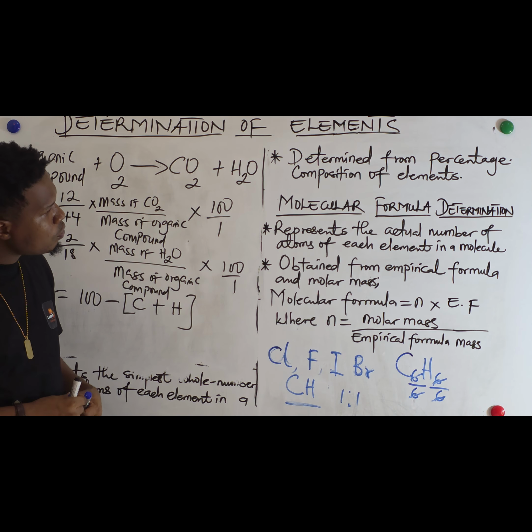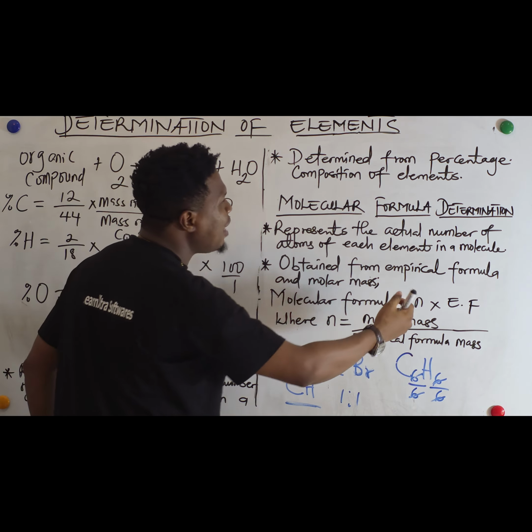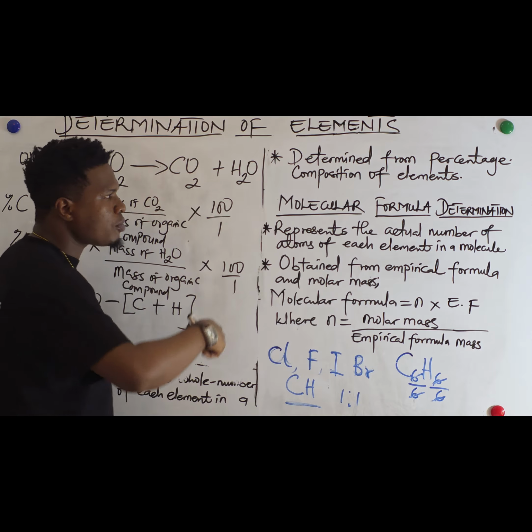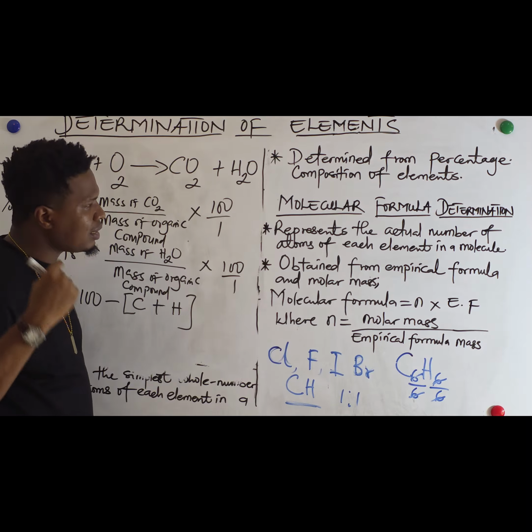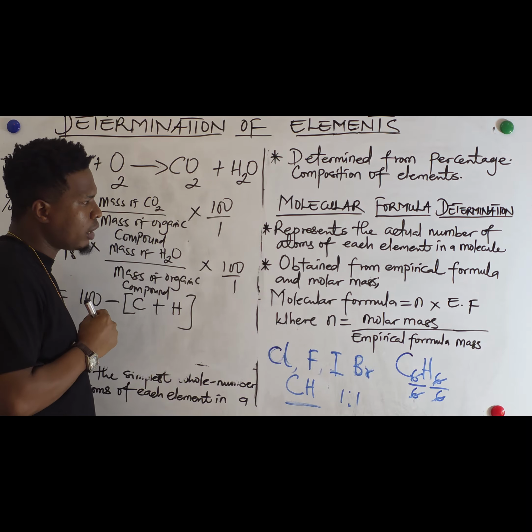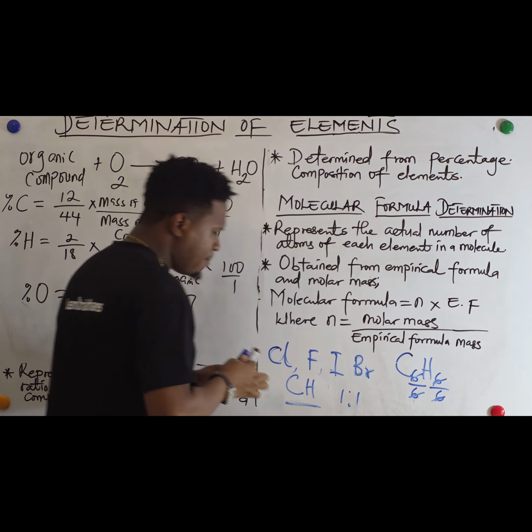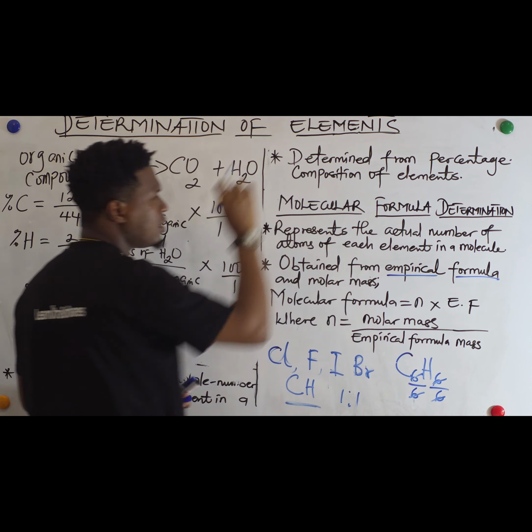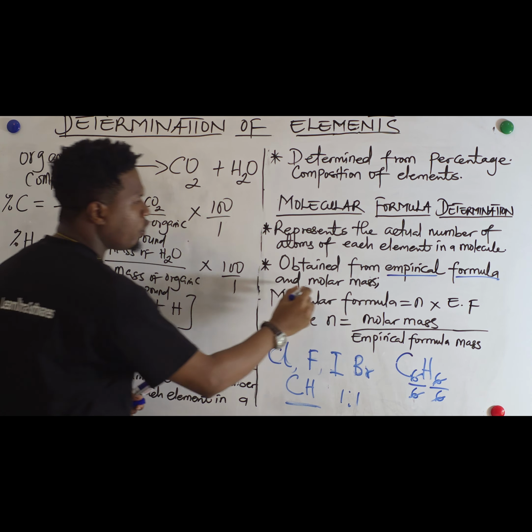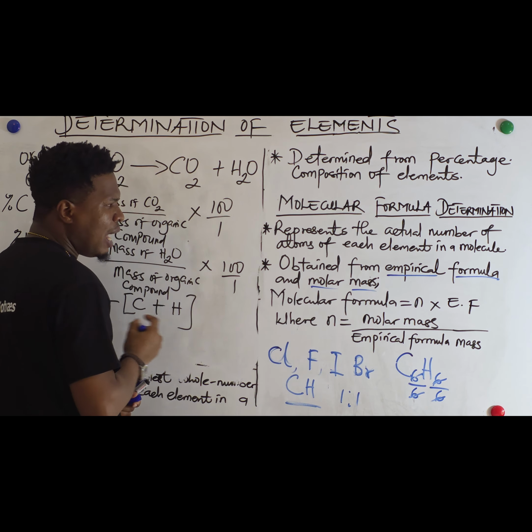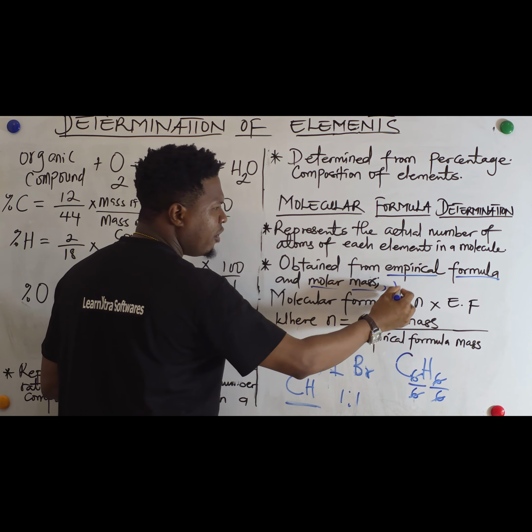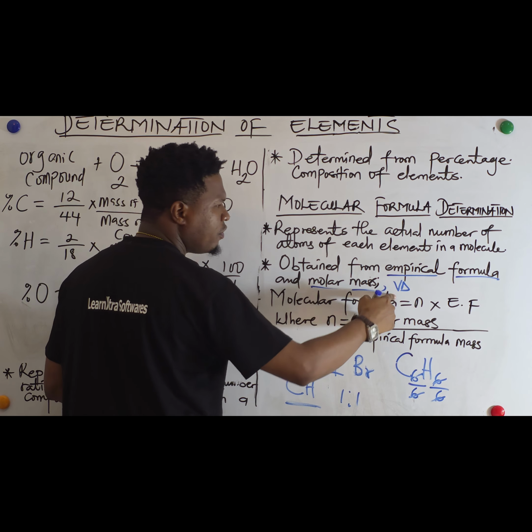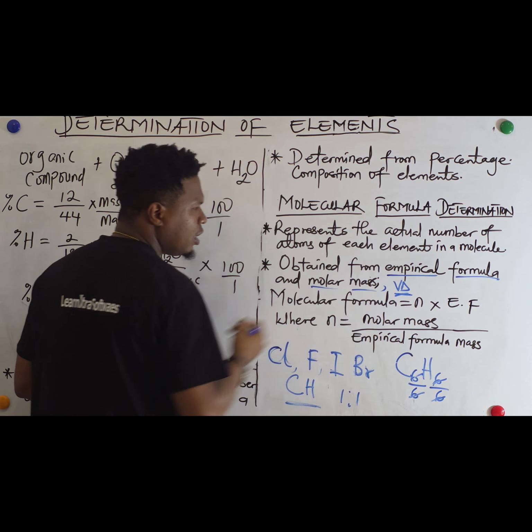The last one we'll talk about is the molecular formula. The molecular formula is the actual number of atoms in each molecule of the compound. We can obtain it by making use of the empirical formula we have gotten and also the molar mass. Sometimes they will provide you with the vapor density, Vd.